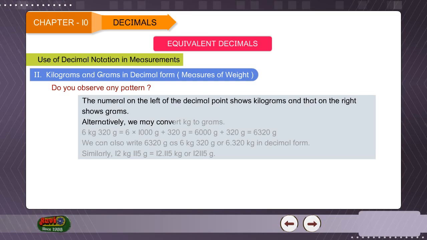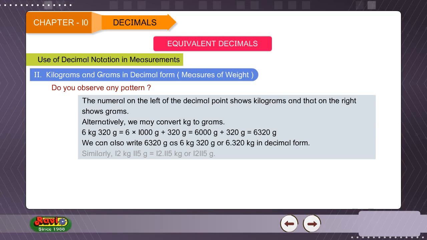Alternatively, we may convert kilograms to grams. 6 kilograms 320 grams is equal to 6 into 1000 grams plus 320 grams, which is equal to 6000 grams plus 320 grams, which is equal to 6320 grams. We can also write 6320 grams as 6 kilograms 320 grams or 6.320 kilograms in decimal form.